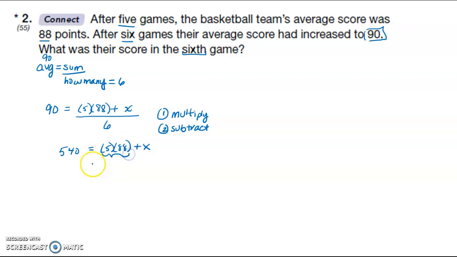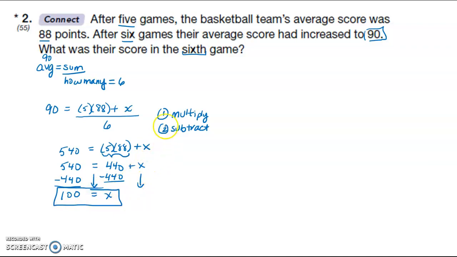Let me go ahead and multiply this out. Then I'm going to subtract. And the missing score is 100. At the very least, I want you to know that you need to multiply and subtract.